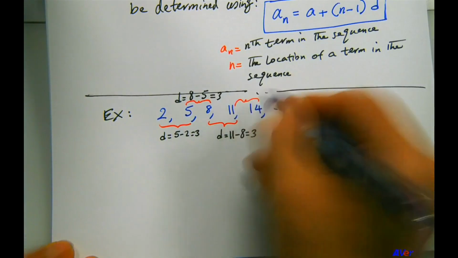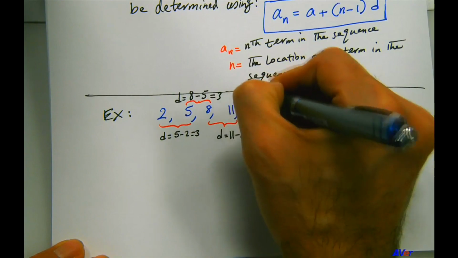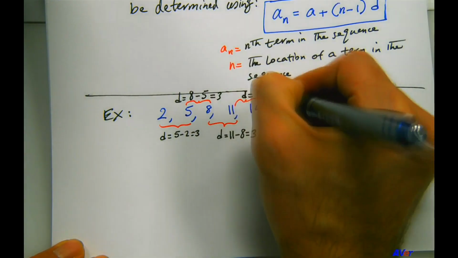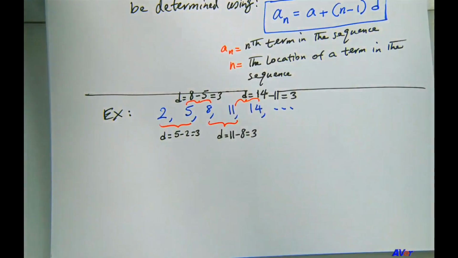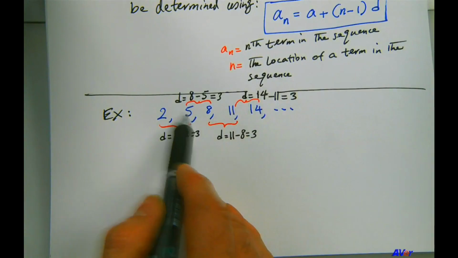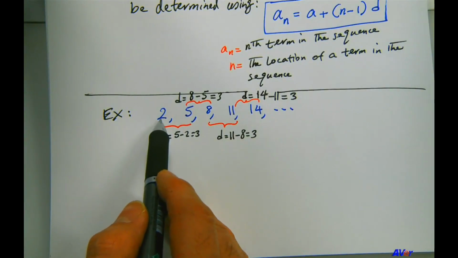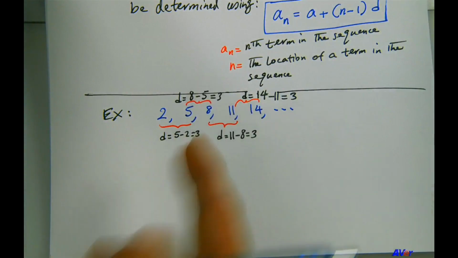And 14 minus 11, or D, is again equal to 3. So that is D. It's simply the difference between any number and the term before it, and it's always the same. It's the same number for the same arithmetic sequence.